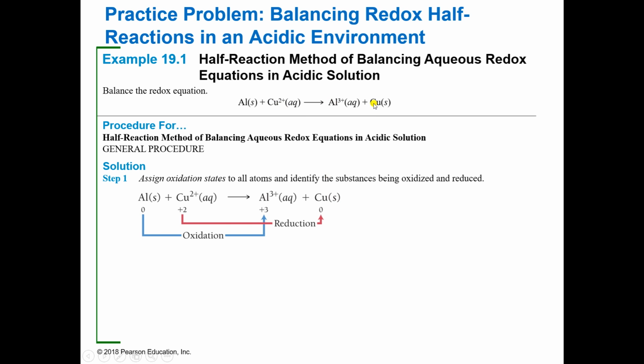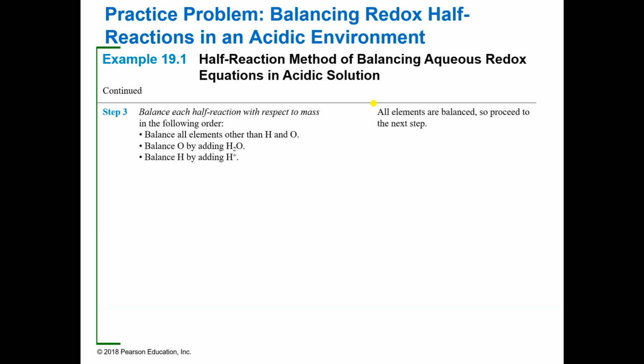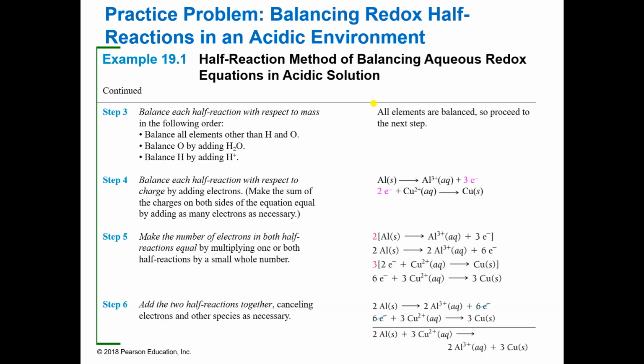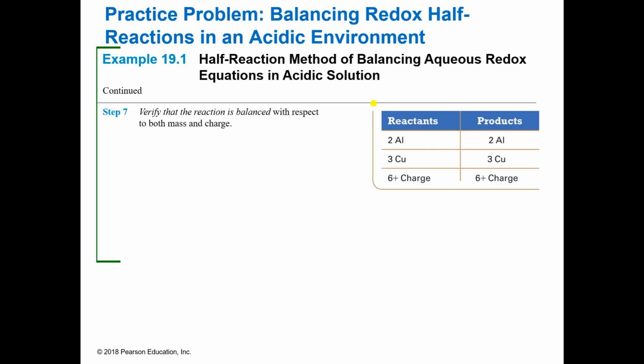If we had just left that as is, it's not technically balanced by way of electrons gained and lost. That's why we use this half reaction method. So now all you do is verify that, check your work, make sure everything is balanced. I recommend practicing this one.